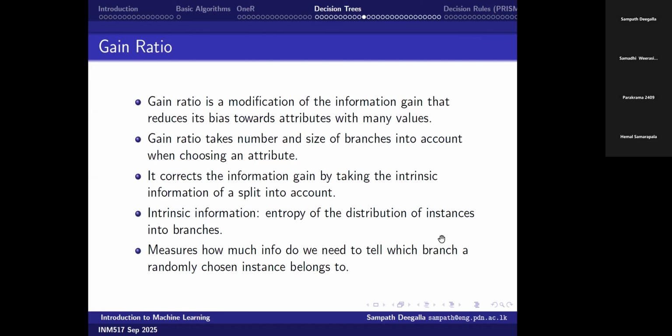Right, now to overcome this problem, sometimes when you have highly branching attributes, people have devised another measure called gain ratio. What it basically does is divide by the intrinsic information, to accommodate low values if you have highly branching attributes.